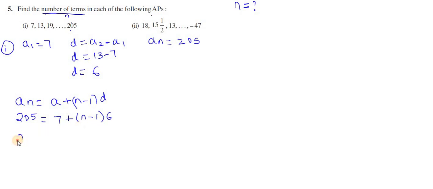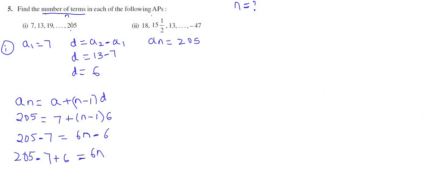So now simplify. 205 minus 7 is equal to 6n, 6 times n, minus 6 into 1, 6, and also transpose that to that side. So 205 minus 7 plus 6 is equal to 6n.